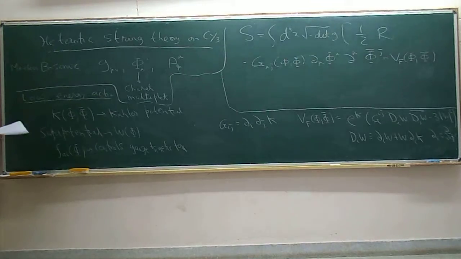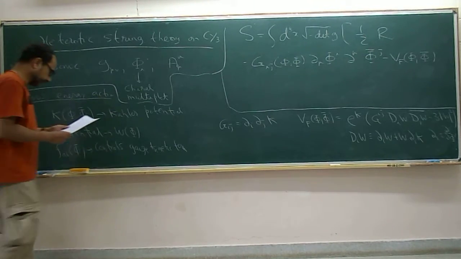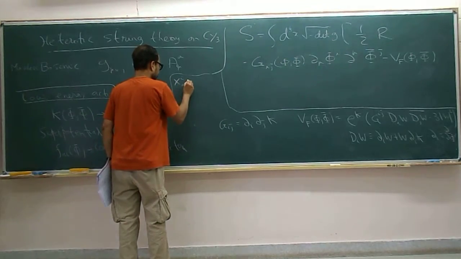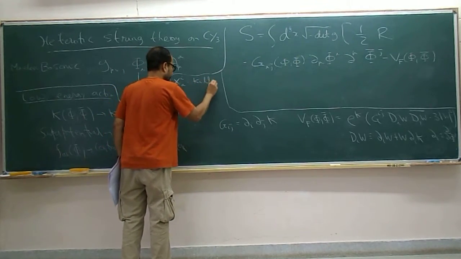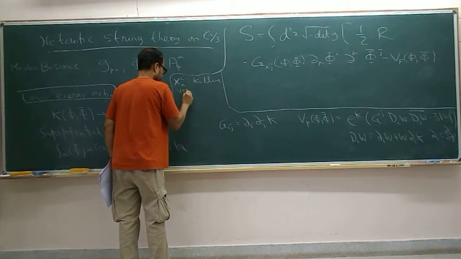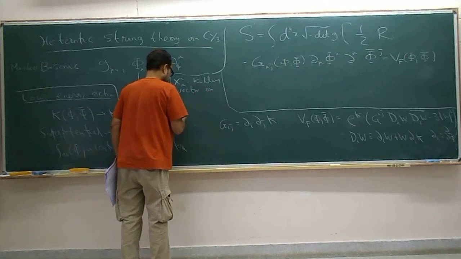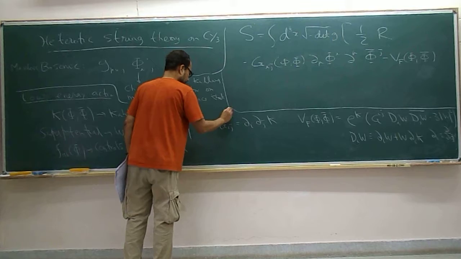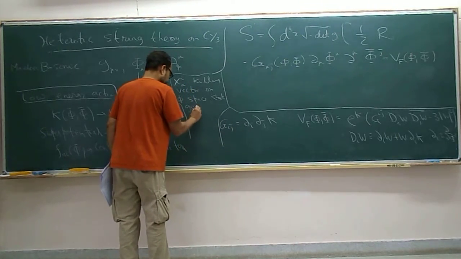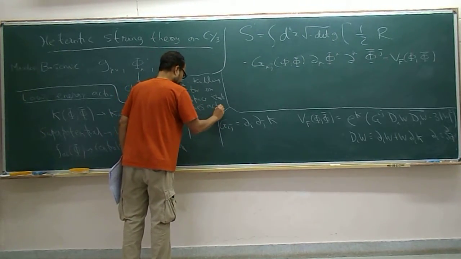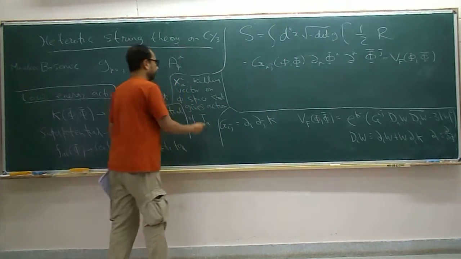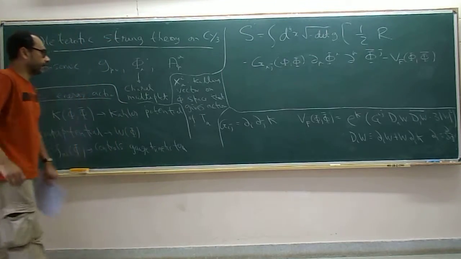So that Killing vector is what we will denote by xi_a. xi_a is the Killing vector on phi space that gives the action of T_a. T_a is the gauge generator associated with index a.